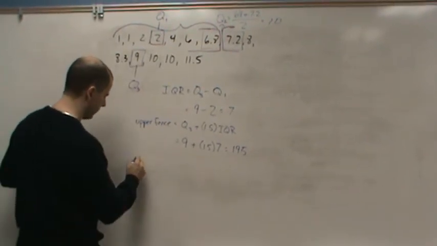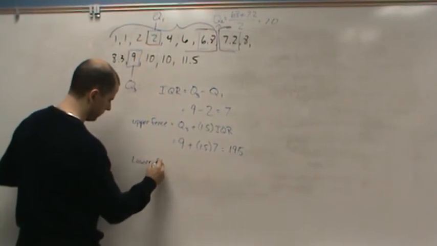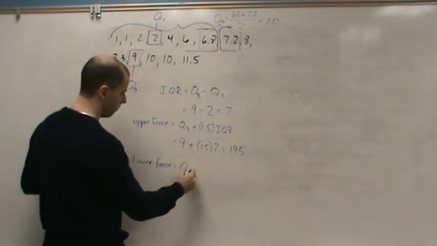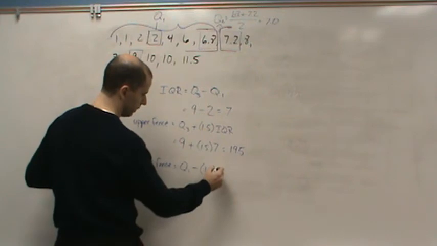Well, the lower fence is going to equal Q1 minus 1.5 times the IQR.